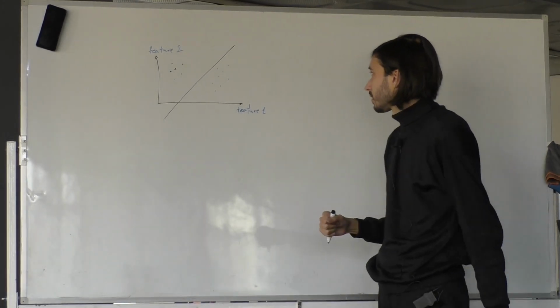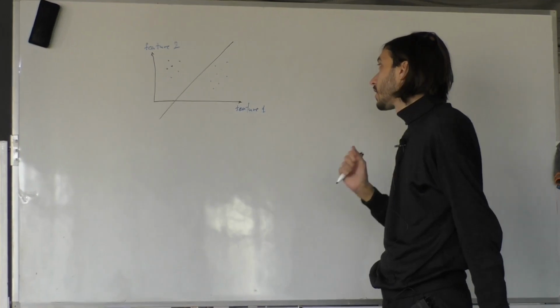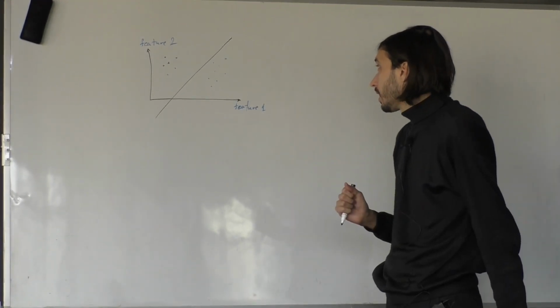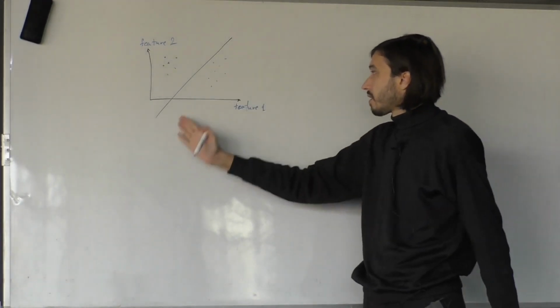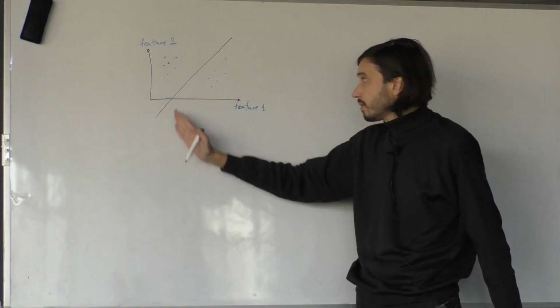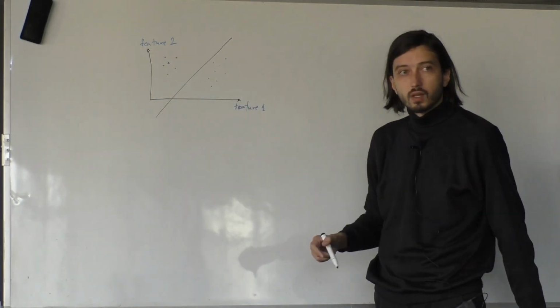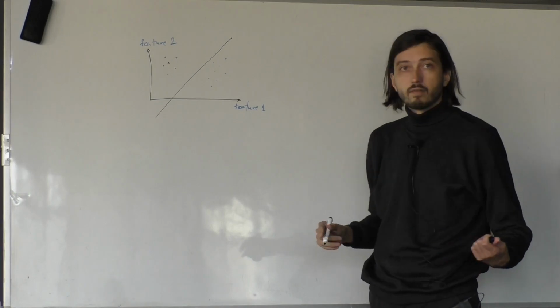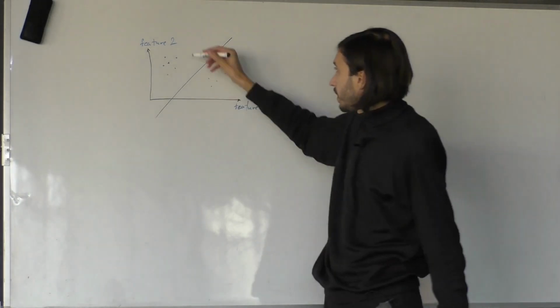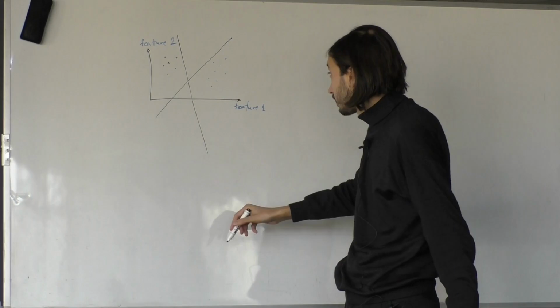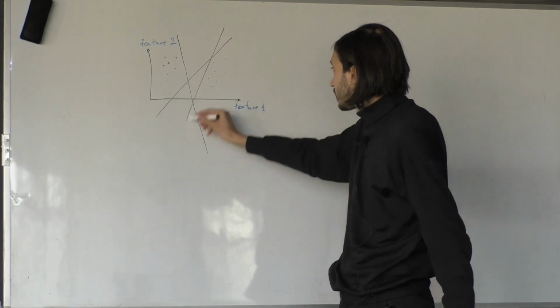Now an interesting question for you. How do you think, if I'm drawing this sort of line, so I'm separating these points, but I can draw a line in a very different fashion. So for example, I can draw it like this, or I can draw it like this.